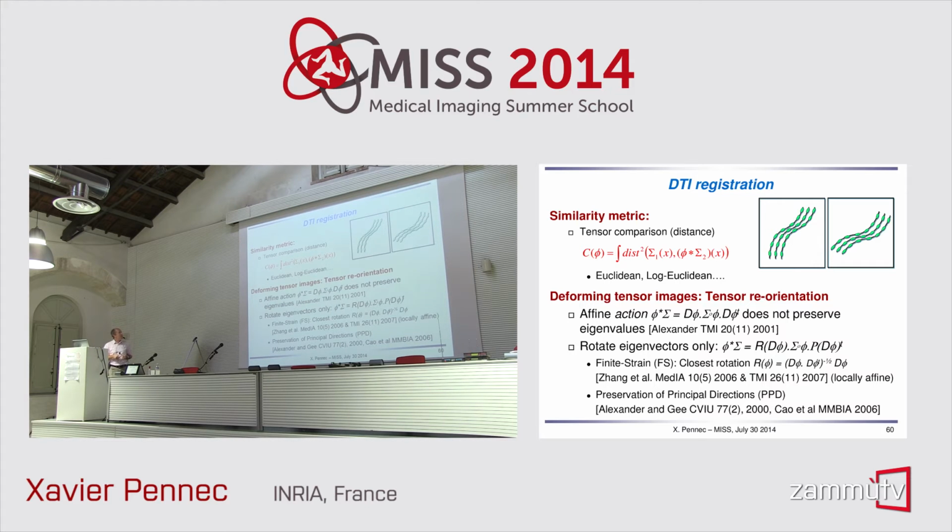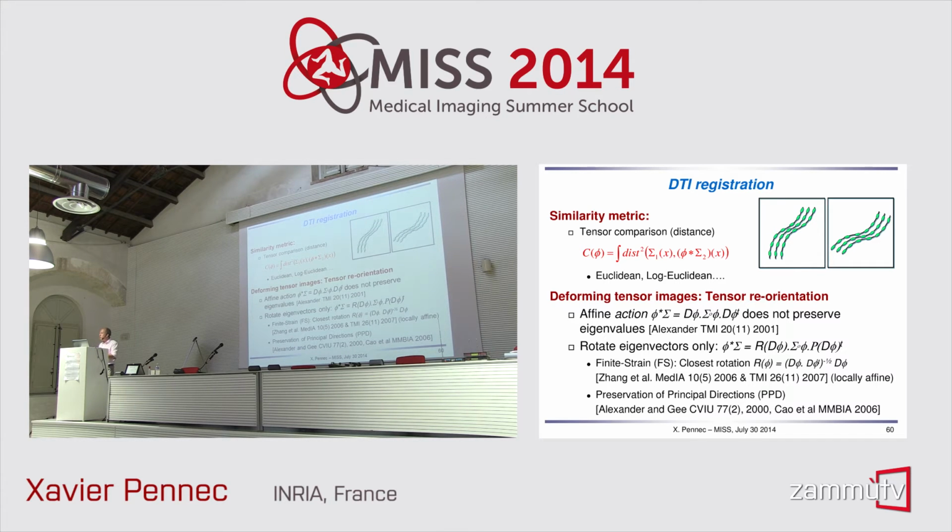And Daniel Alexander first showed that if you do that with just the standard affine action, it doesn't work properly because it doesn't preserve the eigenvalues. And the eigenvalues, these are physical values because it's diffusion. And so we had to use different strategies to reorient, and that is some kind of a transport of the tensor.